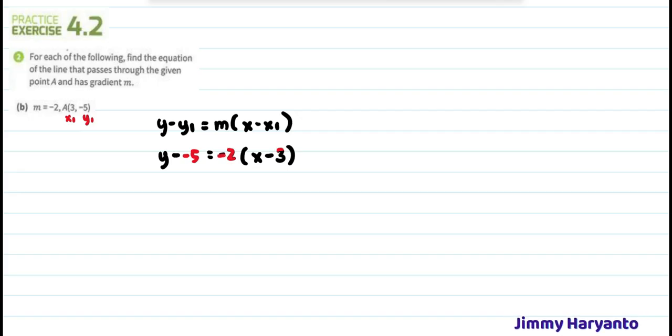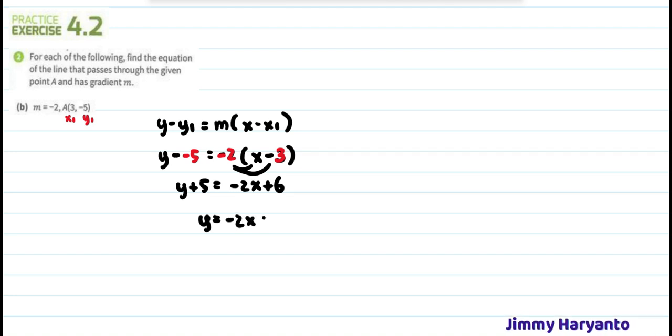Negative 2 and 3. Okay, then let's simplify this. You'll have y plus 5 equals, multiply this, you'll have this one, y equals, and then move the 5. 6 minus 5 equals 1. So the equation of the line is y equals negative 2x plus 1.